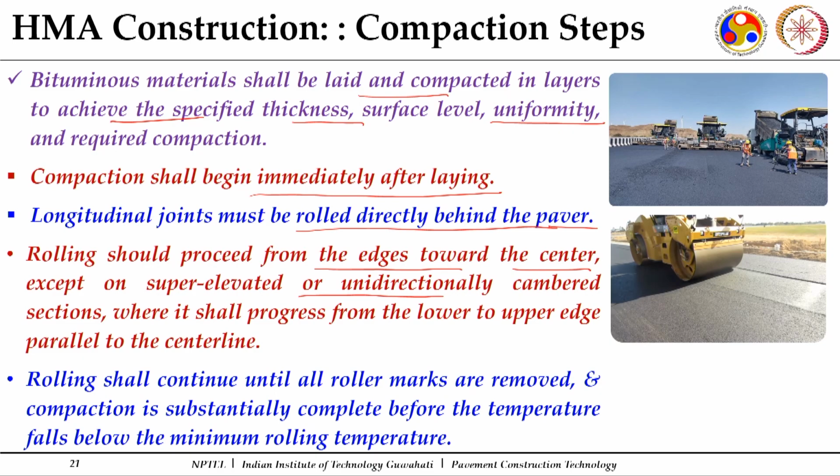And this normally is continued till all roller marks are removed and compaction is substantially complete before the temperature falls below the minimum, and this is to be ensured. The minimum rolling temperature was mentioned. The required density should be achieved well before the temperature falls below the rolling temperature.